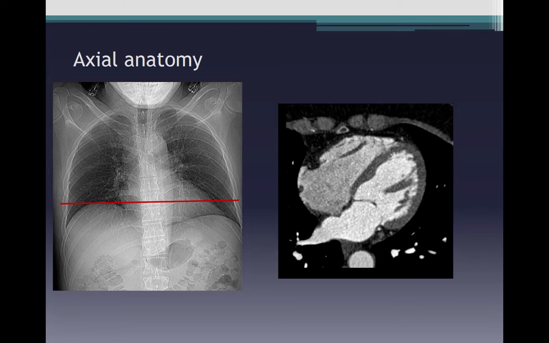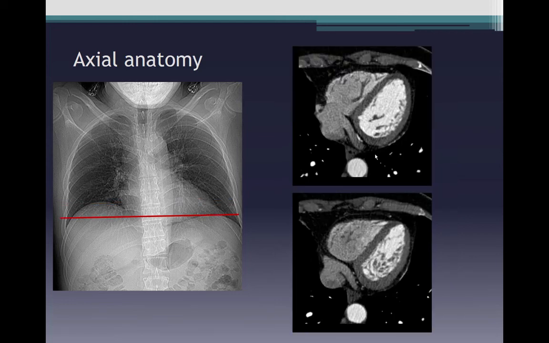We can probably just make out the septal leaflet of the tricuspid valve. Now here we can also see that the septal leaflet of the tricuspid valve is placed slightly more apically compared to the anterior leaflet of the mitral valve.